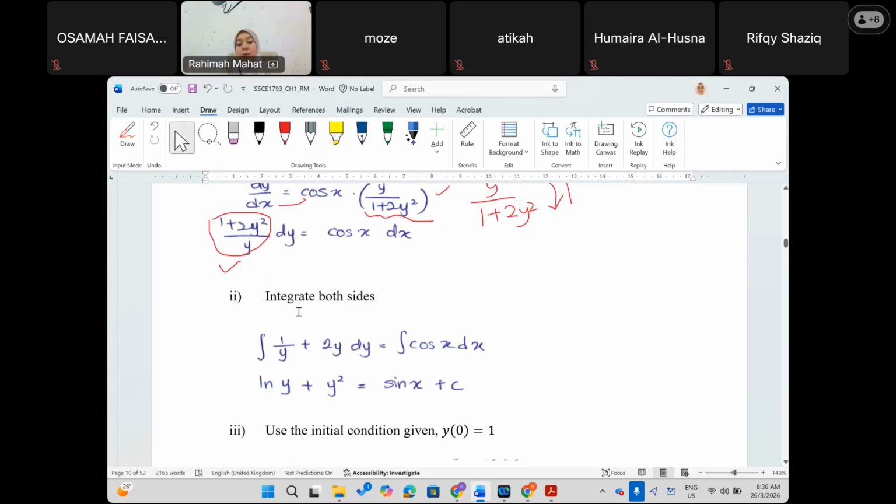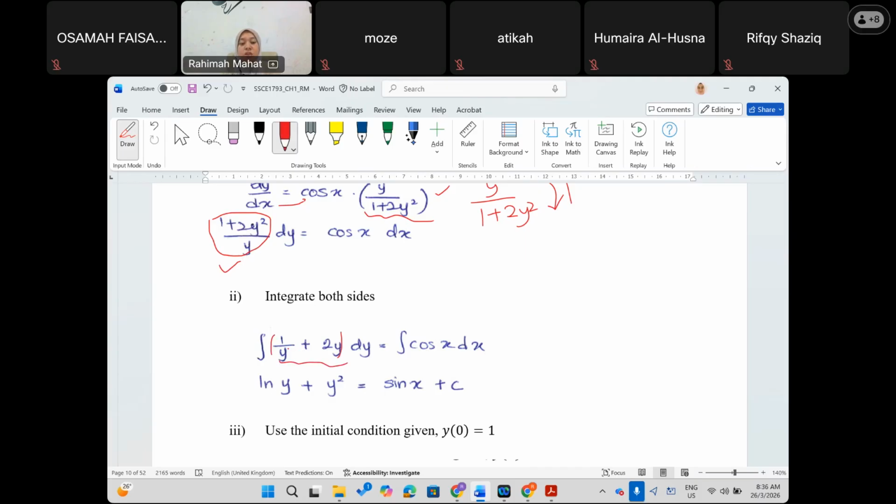Your next step is to integrate both sides. Because y is in the denominator, I can rewrite it as the integral of (1 over y plus 2y) dy equal to the integral of cos x dx.